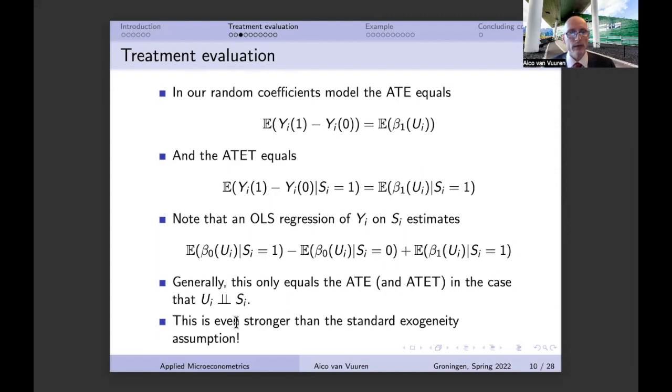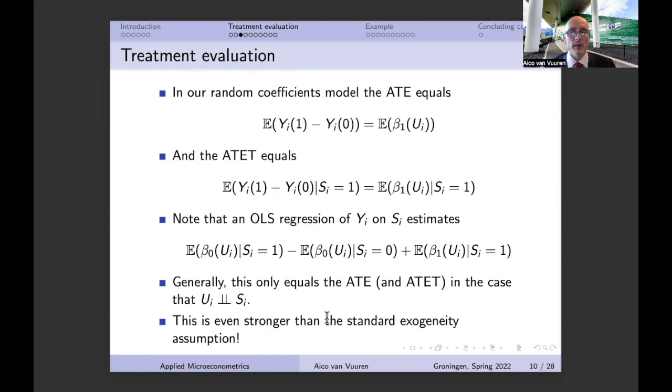That assumption is even much stronger than the standard exogeneity assumption, which only assumes that U and S are uncorrelated. So in order for ordinary least squares to consistently estimate the average treatment effect among the treated, we need this rather strong assumption.